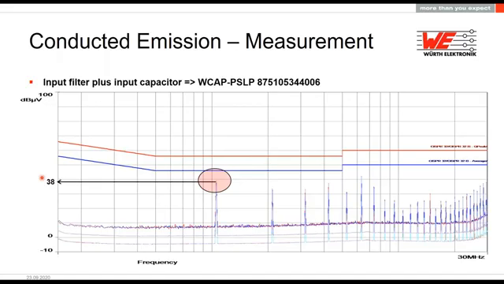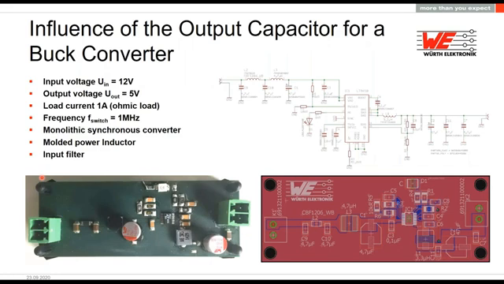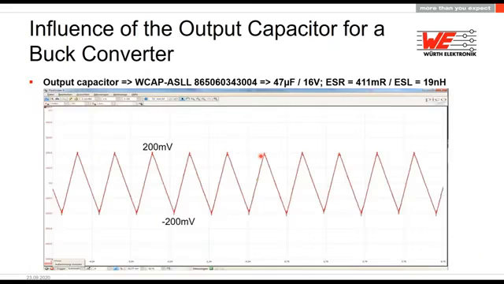But this is for EMI, and also for the output you have capacitors. It's the same setup from my power supply, and now I change the component here, the output capacitor. When I just use an electrolytic one, 47 microfarad, 16 volt, the ESR is quite high.